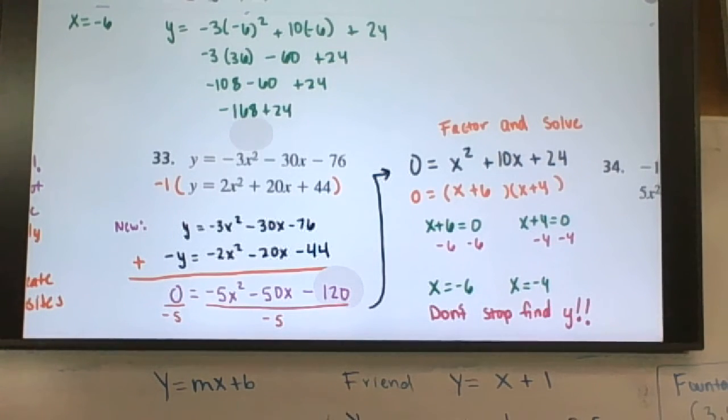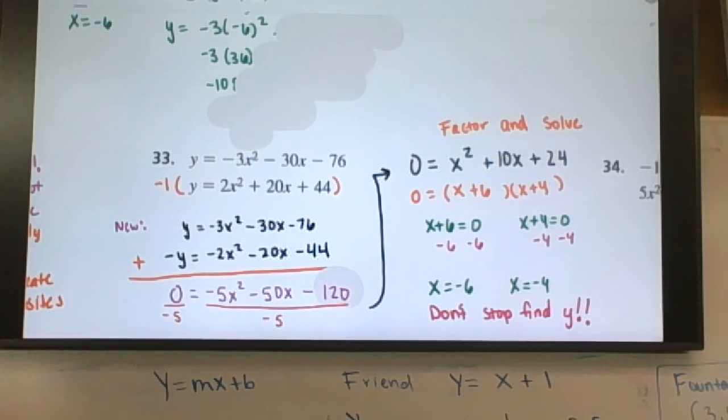If you copied my work, then mess it up. I'm erasing all the way to the top. I'm starting over.